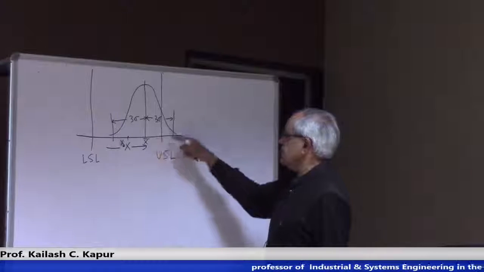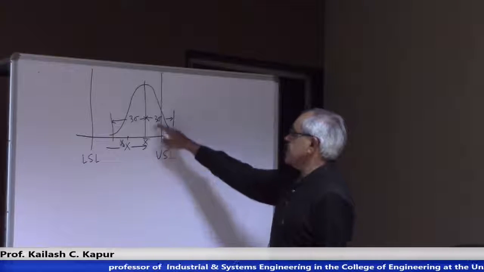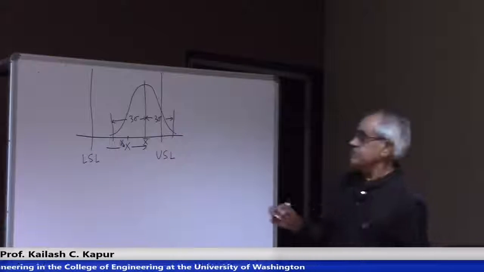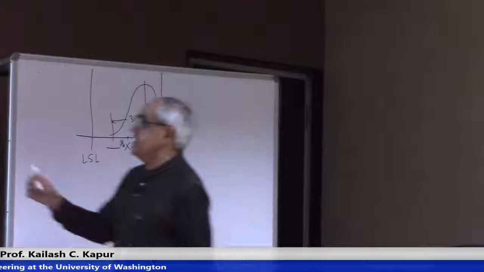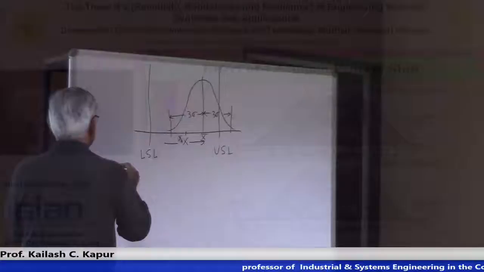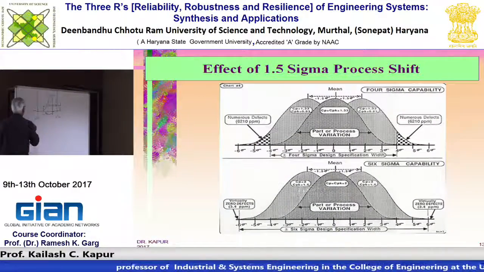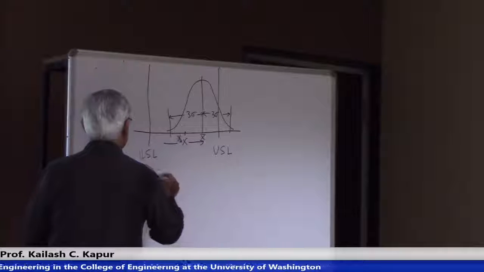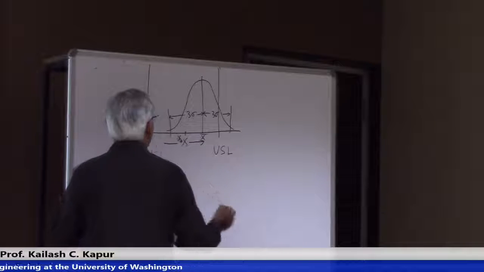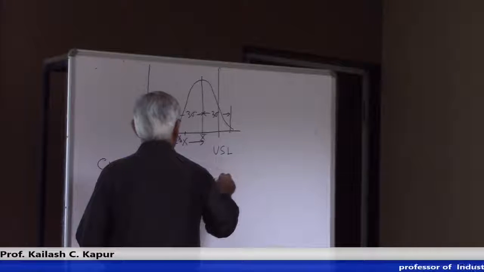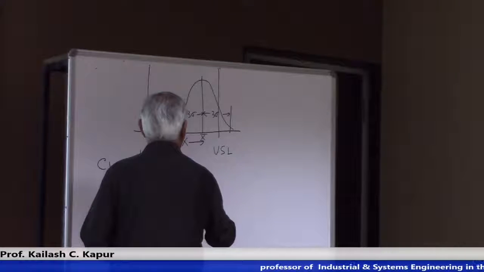But here the distance from here to here is smaller than 3 sigma, so your capability would be less. So people develop an index like here called the Cpk index. The mathematical definition is Cpk is the minimum of two capabilities. It's the minimum of x bar minus lower spec divided by 3 sigma.